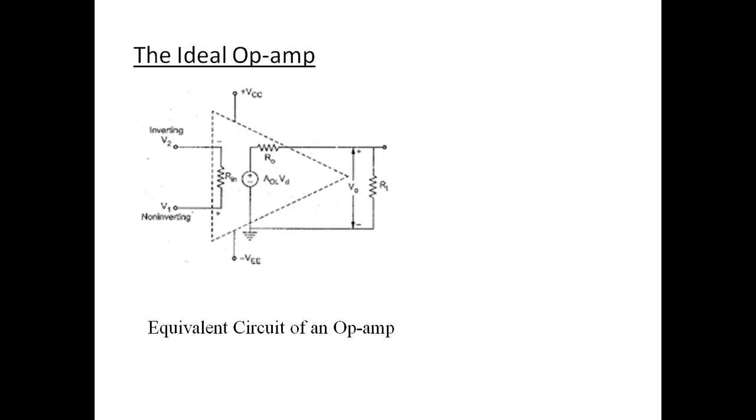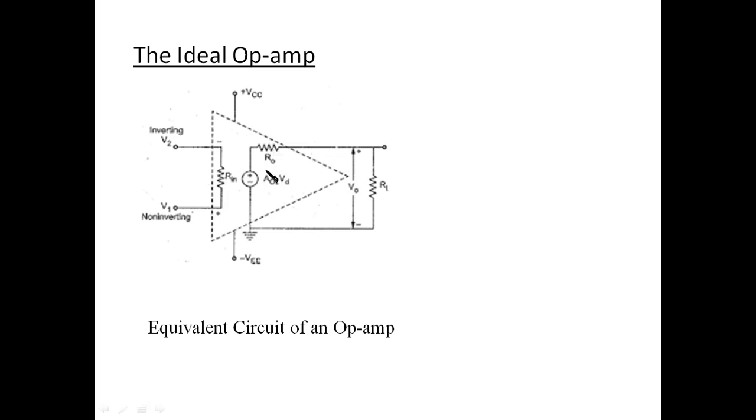The figure shows the equivalent circuit of the operational amplifier. It includes the important values AV, RI, RO, etc. Note that AV and VD, the voltage gain and voltage difference, form the equivalent Thevenin's voltage source, and RO is the Thevenin's equivalent resistance looking back into the output terminal of the operational amplifier.